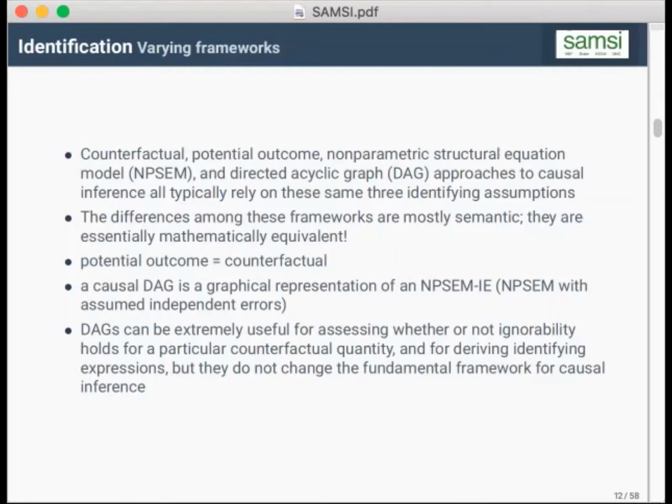And DAGs can be extremely useful for assessing whether or not ignorability, the no unmeasured confounding assumption, holds for a particular causal estimand. And they can also be really useful for deriving identifying expressions for causal effects from the observed data, but they don't actually change the fundamental framework for causal inference relative to any of the other approaches.